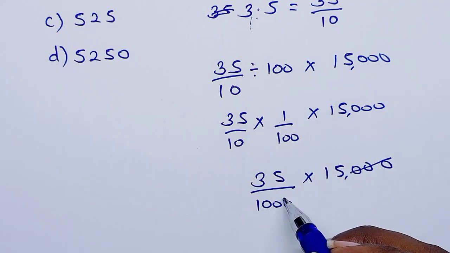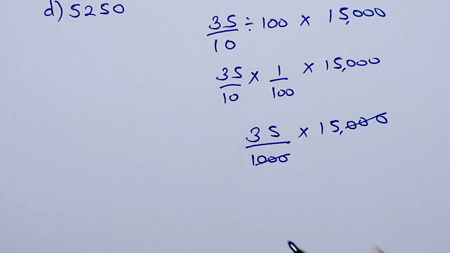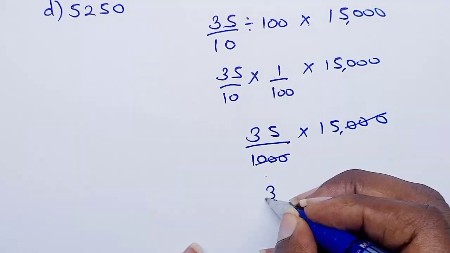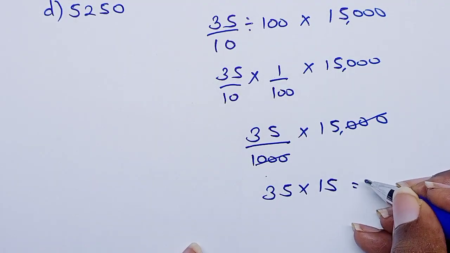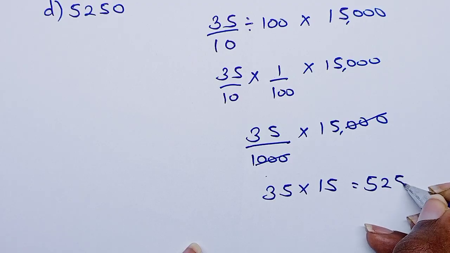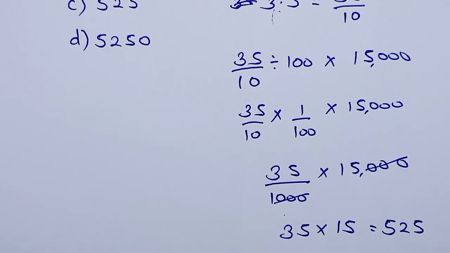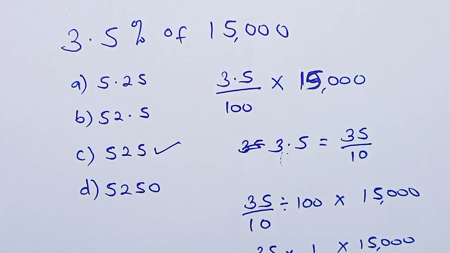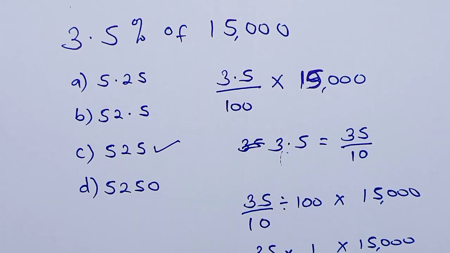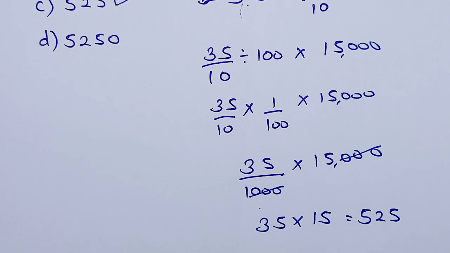So this cancels with this. So we are left with 35 times 15, which is equal to 525. So the correct answer here was option C, 525. Did you get it right?